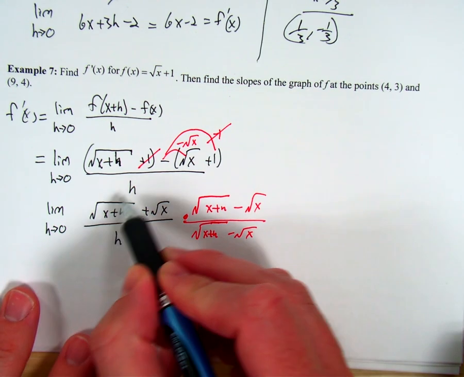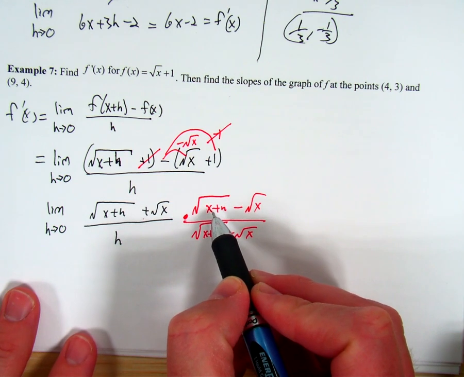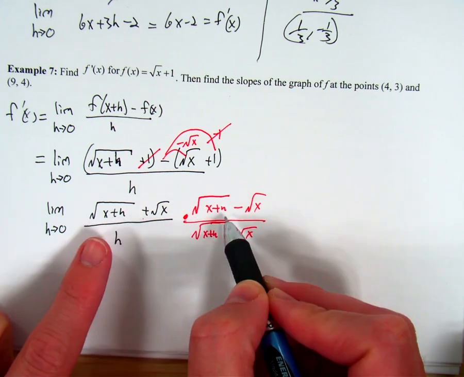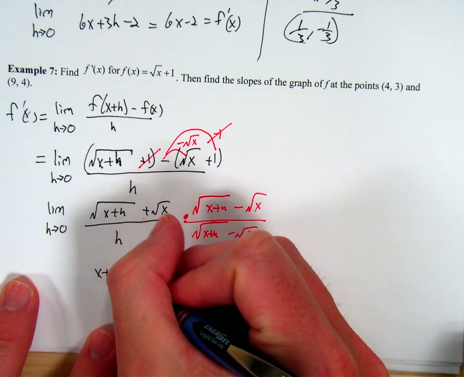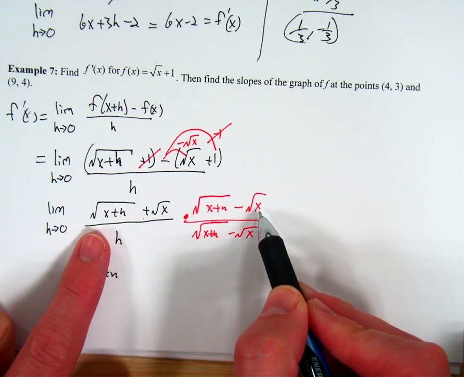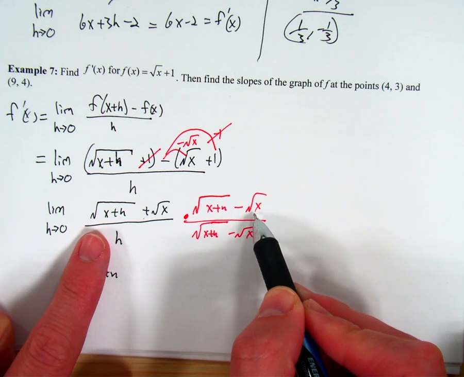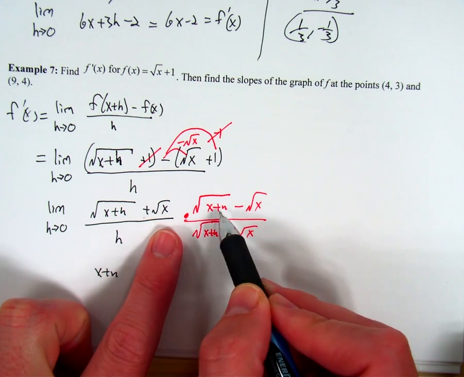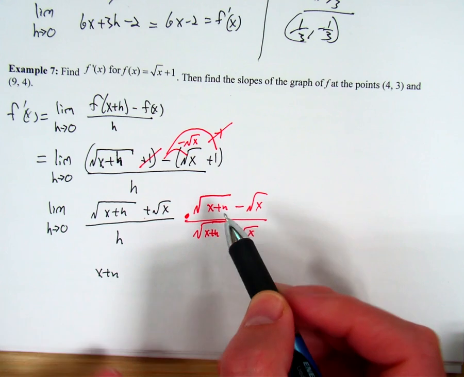Alright, when we do this one times this one, we'll get that squared. So we'll just get x plus h on the top. When we do this one times this one, it's going to be a little bit ugly, and it's a minus. And then when we come back and do this one, it's that same ugly one, but it's a plus, so those would cancel.